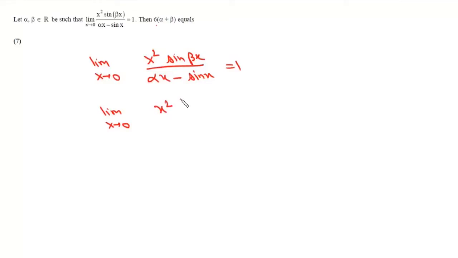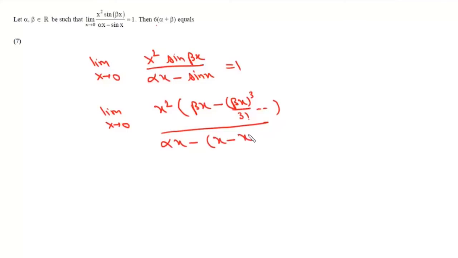Now we will write this as x square, and this sine beta x will be beta x minus beta x whole cube upon factorial 3 and higher powers of x, divided by, and in the denominator it will be alpha x minus, and here it will be x minus x cube upon factorial 3, and we are given that this limit is equal to 1. Now since this limit is x tends to 0 and minimum power of x in the numerator is 3, this limit will have a finite non-zero answer if minimum power in the denominator is also 3.